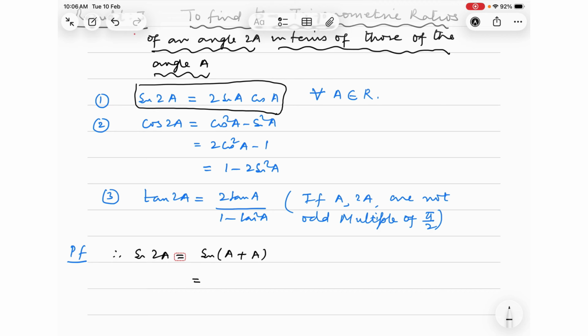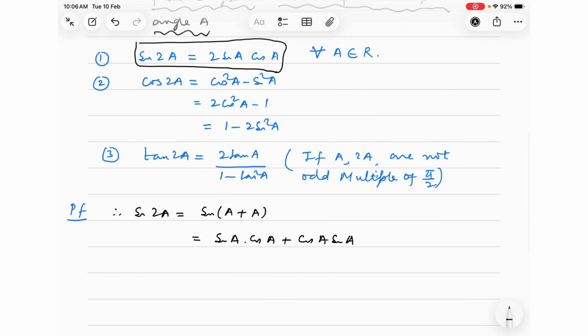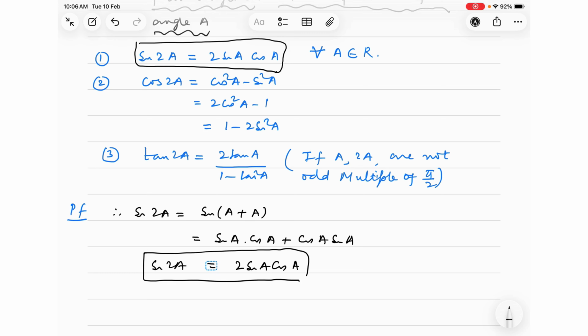So using that formula, we can write sin A cos A plus cos A sin A, which is nothing but 2 sin A cos A. Therefore, we remember the sin 2A formula as 2 sin A cos A. This is the proof of why sin 2A is 2 sin A cos A.